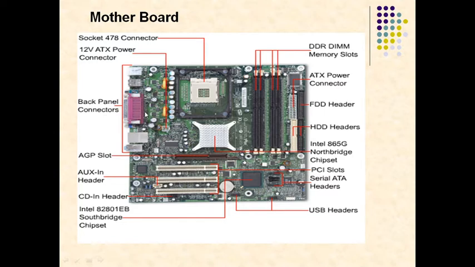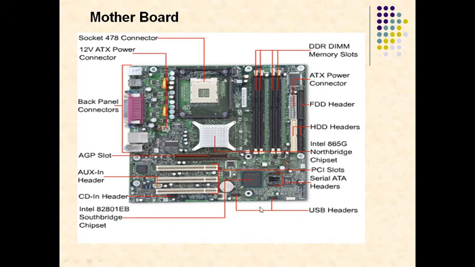Then AGP slot, where you actually keep the AGP card. Then you have aux in header, CD in header. Then this is the Intel 82801EB Southbridge chipset. Okay, students.